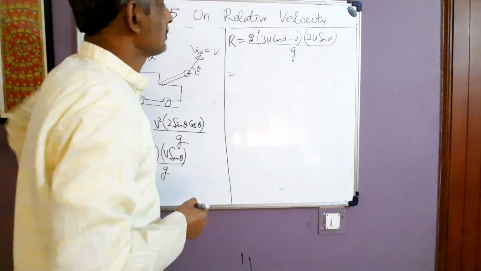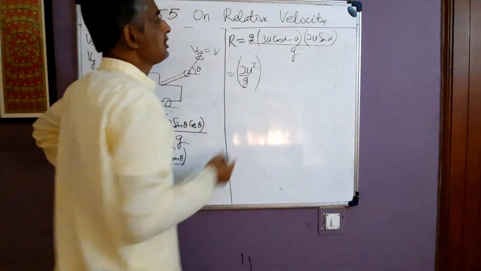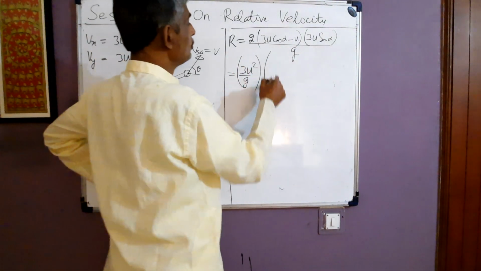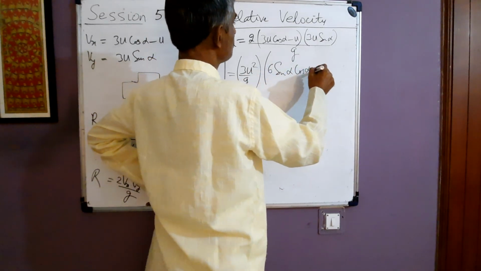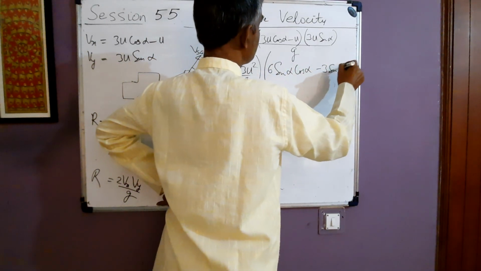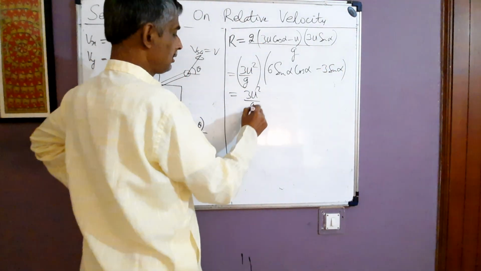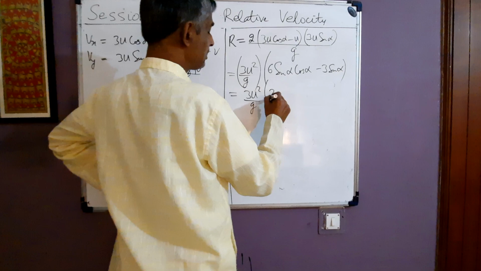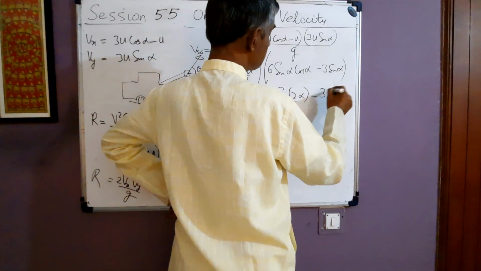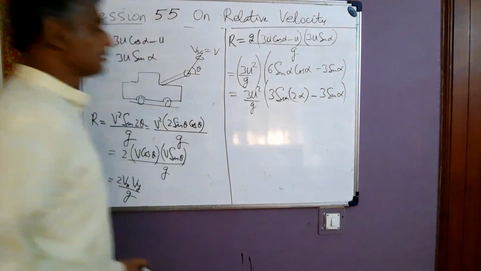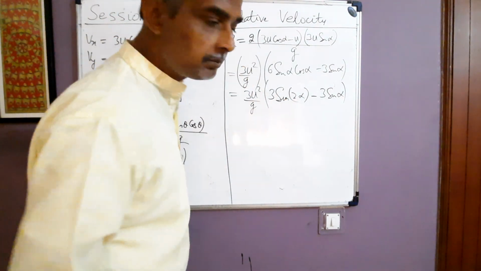This becomes 3u squared by g into (6 sin alpha cos alpha minus 3 sin alpha). This becomes 3 sin 2 alpha minus 3 sin alpha. This is the range.